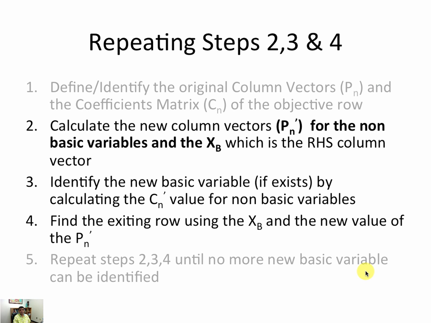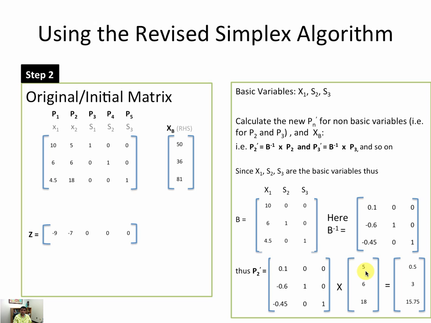We will now repeat steps 2, 3 and 4. The point to notice is that we again start with our original or initial matrix. So we have the original matrix, the original XB, and the original Z. However, the basic variables have changed to x1, s2 and s3.